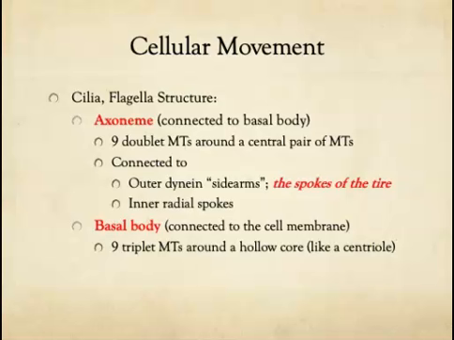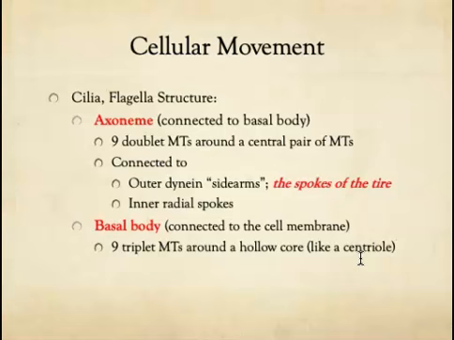The basal body is what connects the cilium or the flagellum to the membrane. So if you look at the basal body first, you're going to see 9 sets of triplet microtubules around a hollow core. Does that sound familiar to you? It sounds an awful lot like a centriole. It sounds just like a centriole, in fact.